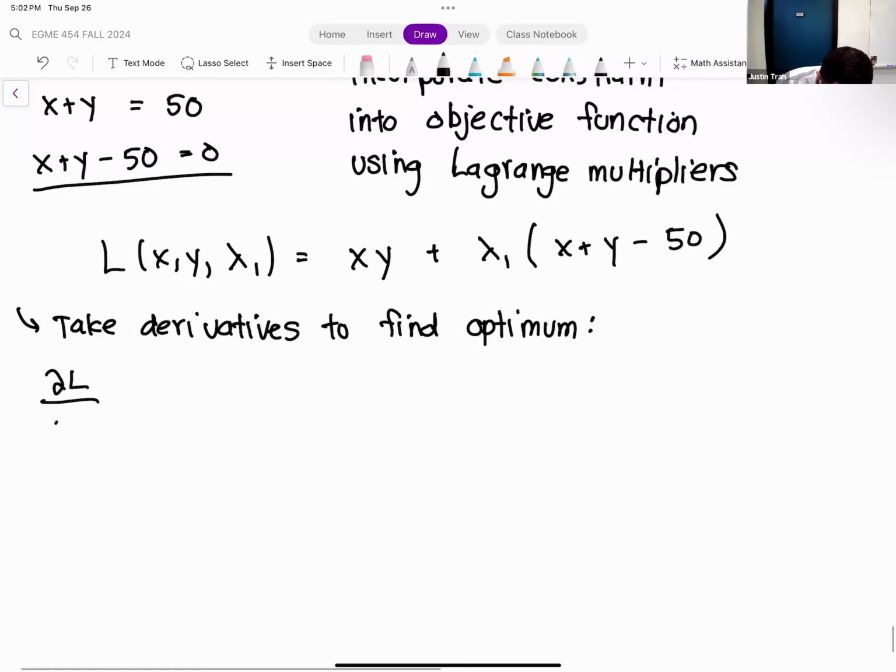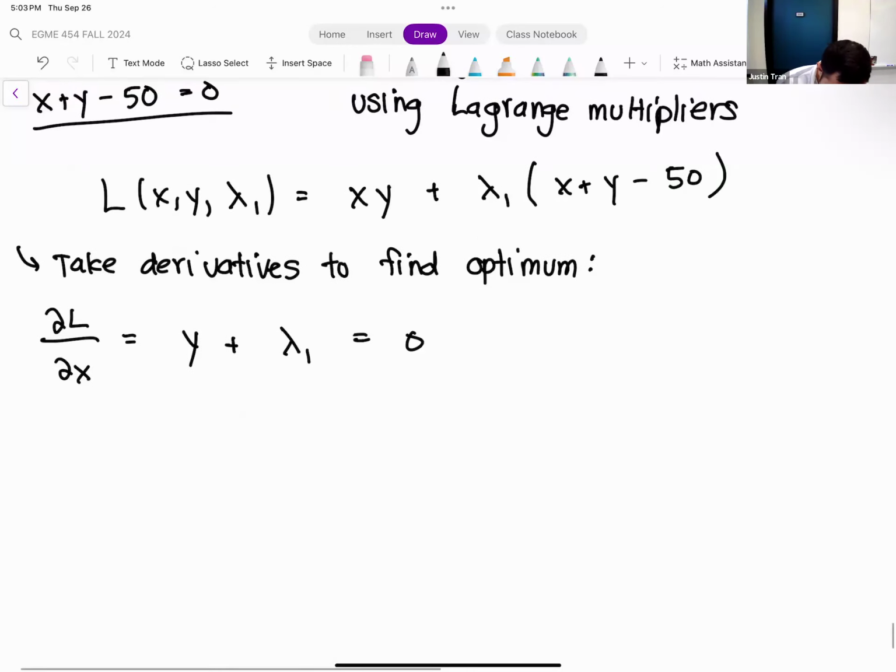So first, let's take partial L, partial x. Okay. So the derivative of our Lagrange function with respect to x. We do that, we get y plus, we take the derivative of the constraint there. A lot of those terms are going to be equal to 0 because they don't depend on x. And so all we're left with is lambda 1. We're going to set that equal to 0. Next, we're going to take partial L, partial y.